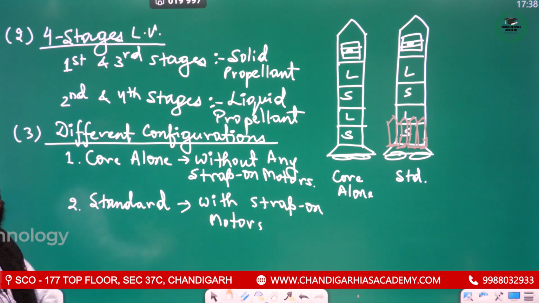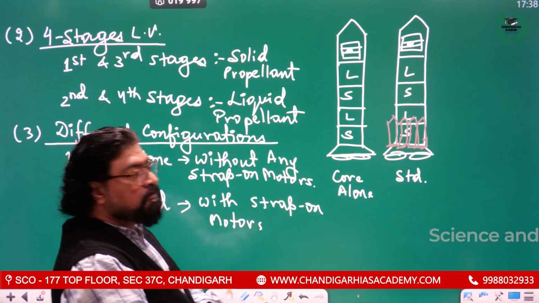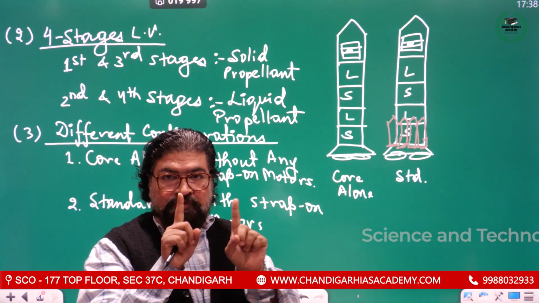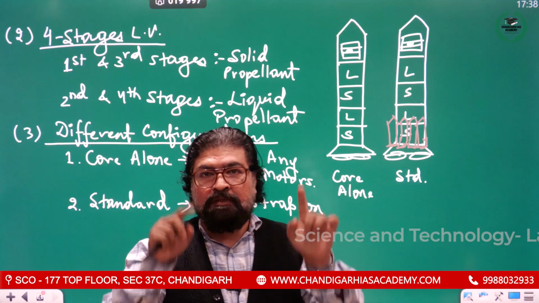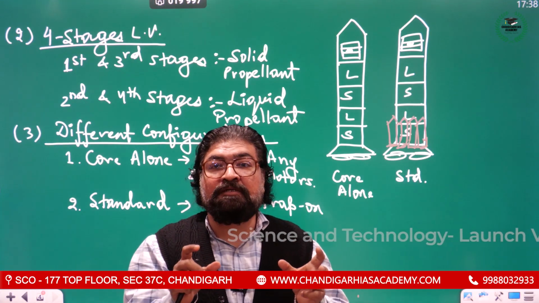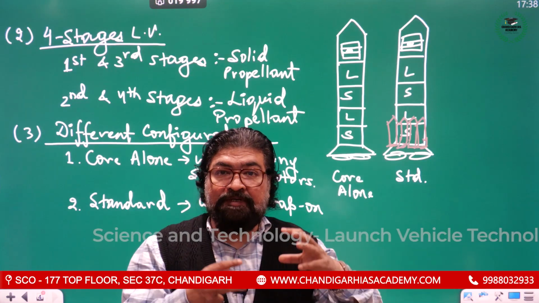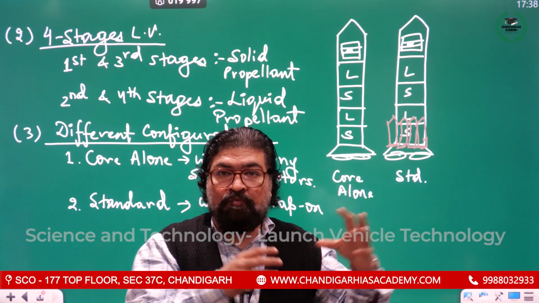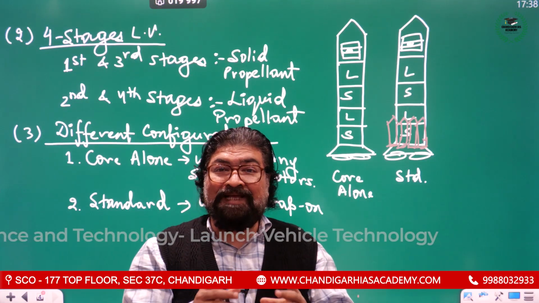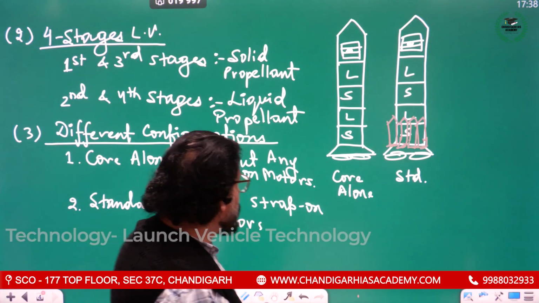PSLV is designed for 2, 4 and 6 strap-ons. The 6 one is heavier. To launch 1750 kilograms, we go for XL, extra large.